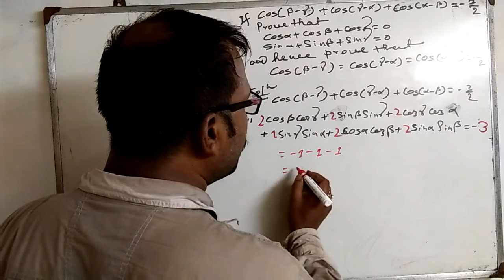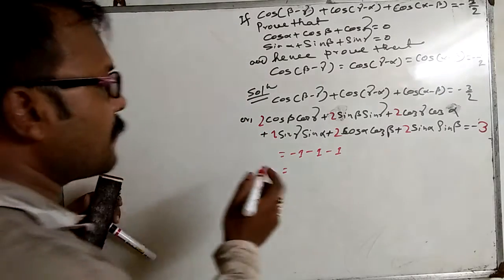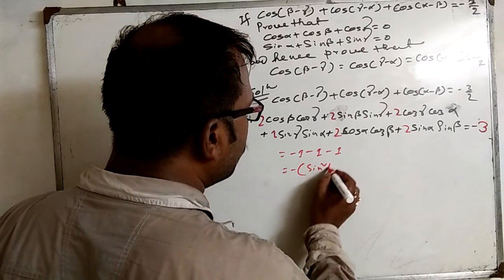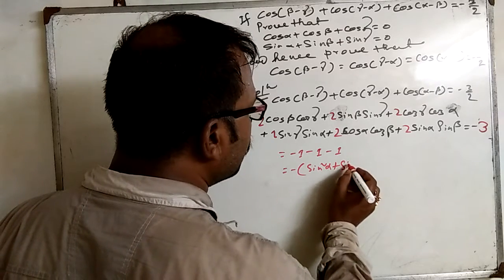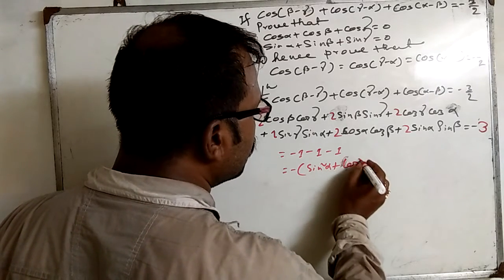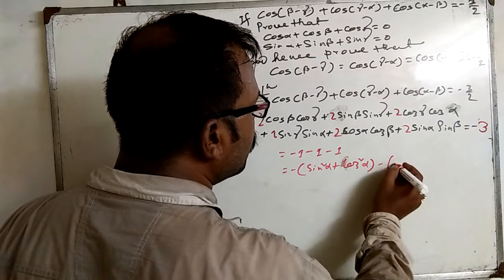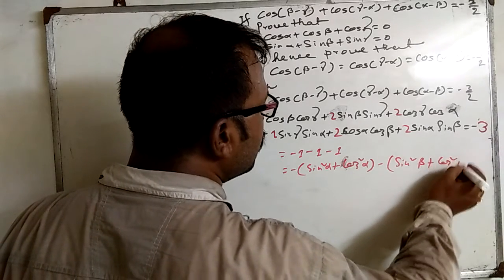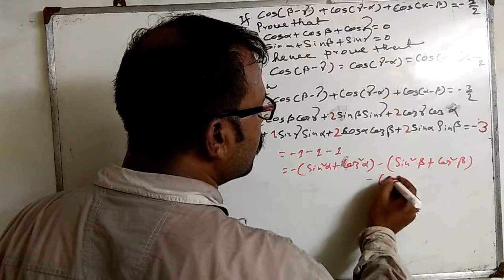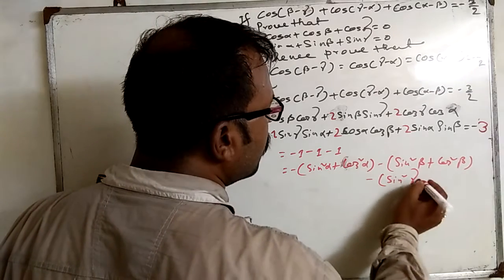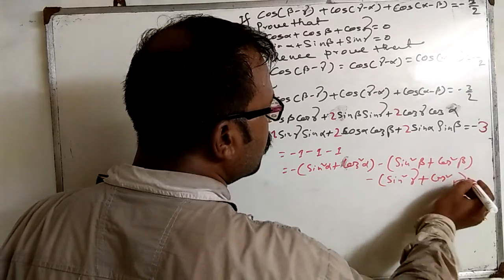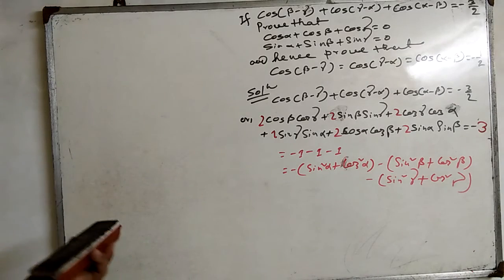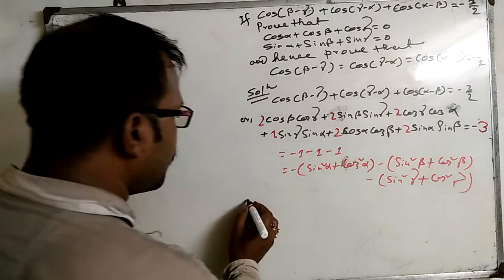So that will be written as minus of sin square alpha plus cos square alpha, minus of sin square beta plus cos square beta, minus of sin square gamma plus cos square gamma, and that will be transferred to the left hand side.